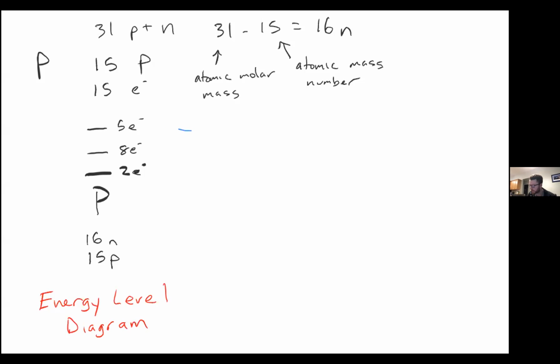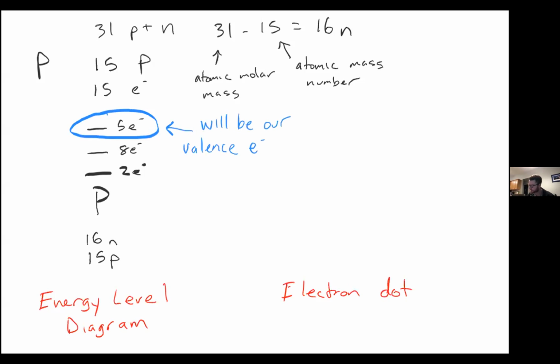These guys up here, this row, are our valence electrons. For our electron dot diagram, we are only going to show the letter, which is representative of the electrons that are not valence electrons, as well as the protons and the neutrons.